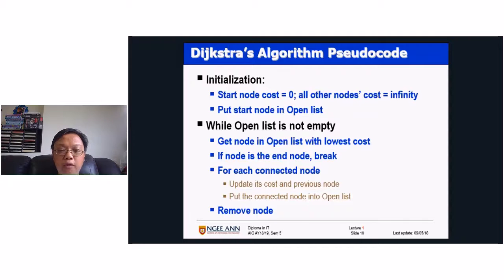So suppose I am currently looking at a node A, and this node has an edge going out to node B at cost 8, and previously there was a path that led from node C to node B that cost 10.